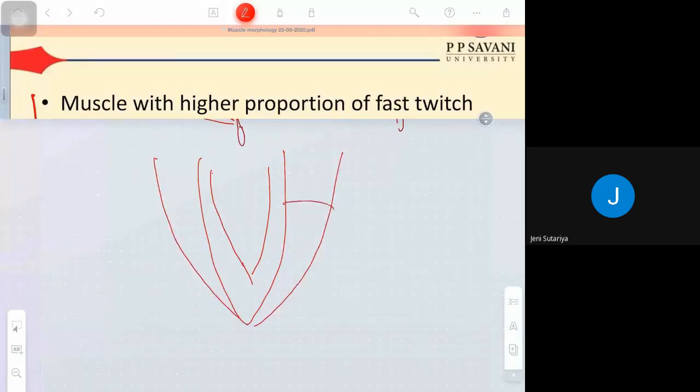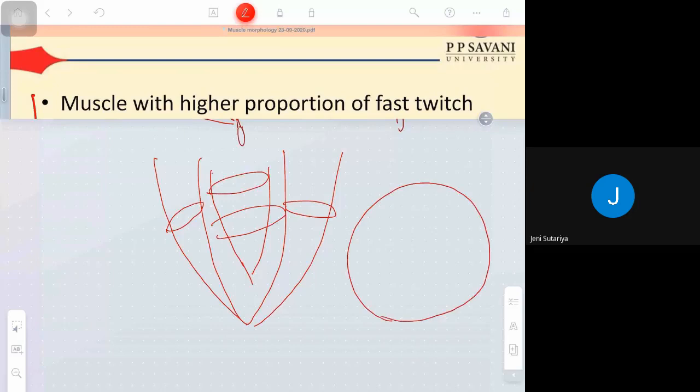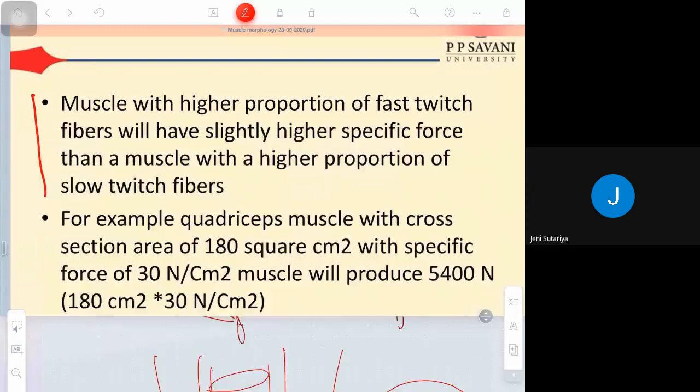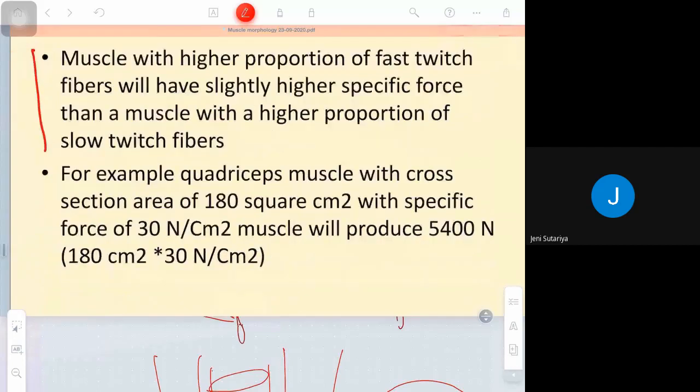When you take the cross section of all the muscles, then you will get a total cross-sectional area. On an average adult, because the bulk of the muscle varies from person to person, we are taking an average adult will have a cross-sectional area of 180 square centimeter.